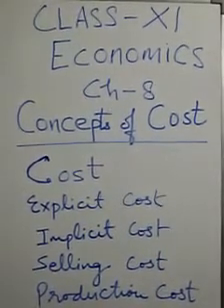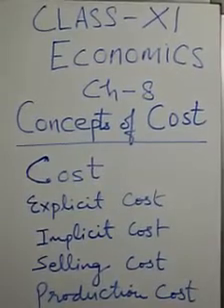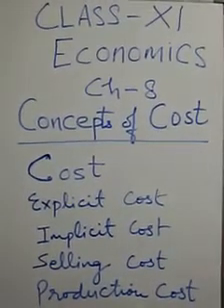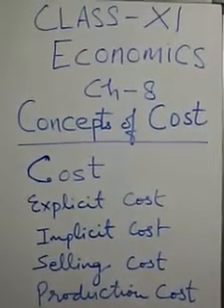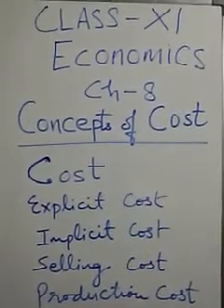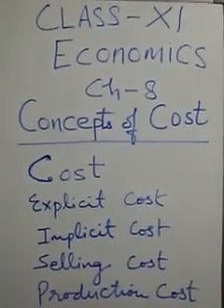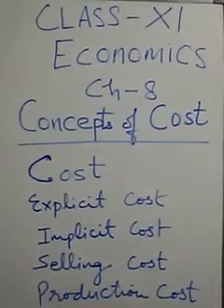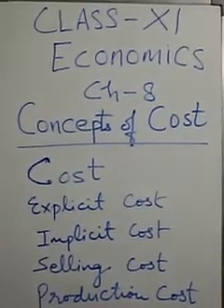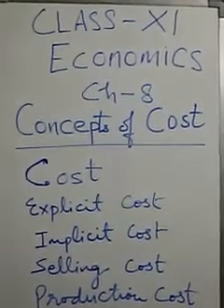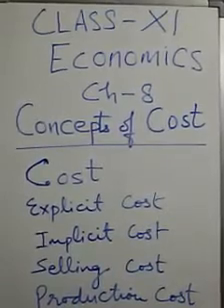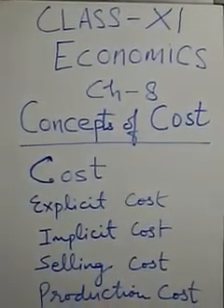On the other hand, now we are going to study implicit cost. So what is implicit cost? It is the opportunity cost of using self-owned inputs. It is measured in terms of imputed cost or estimated cost of the self-owned and self-employed resources.